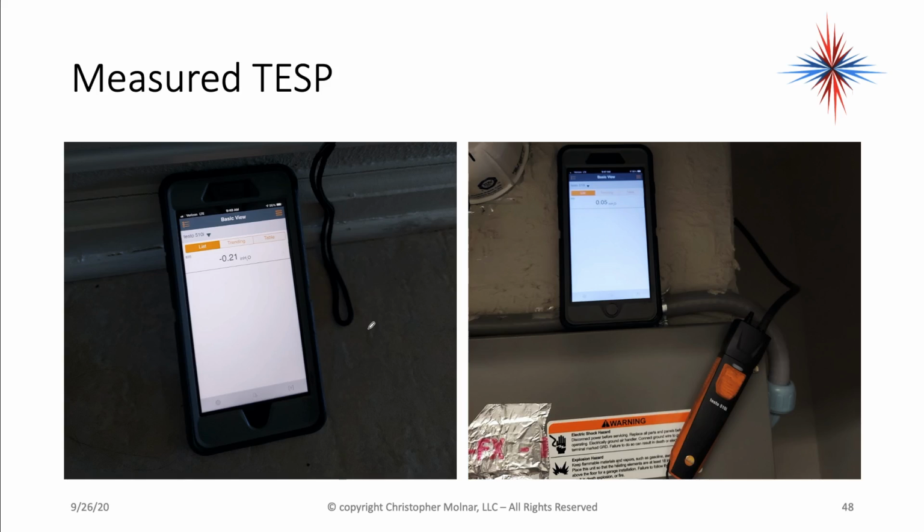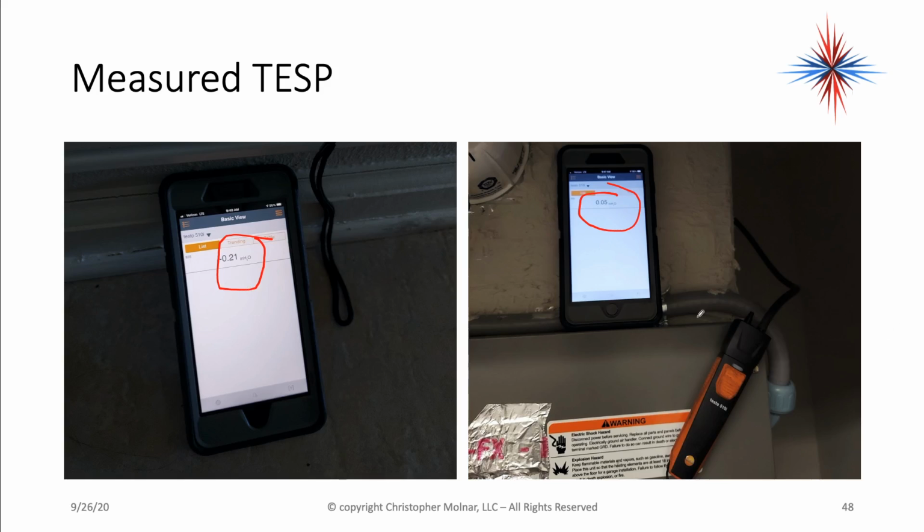So in this case, I have a 0.21 inch and a 0.05 inch. My 0.21 is in the return. My 0.05 is in the supply. Now, there's a little warning that goes off here also, because this is a pretty big difference between the two. But again, I have a 0.21 return, 0.05 inch supply.